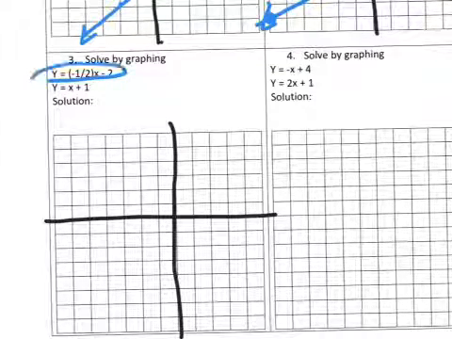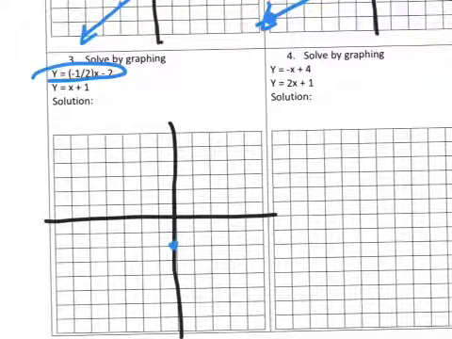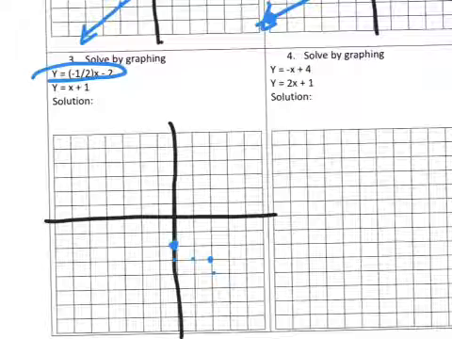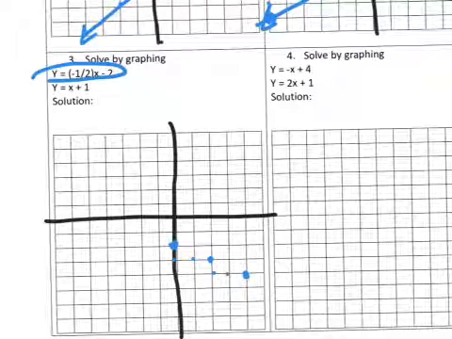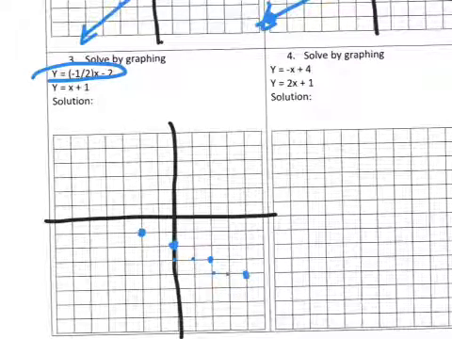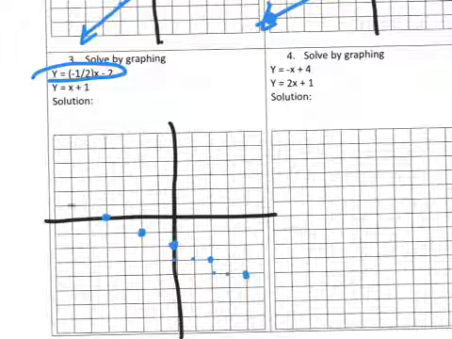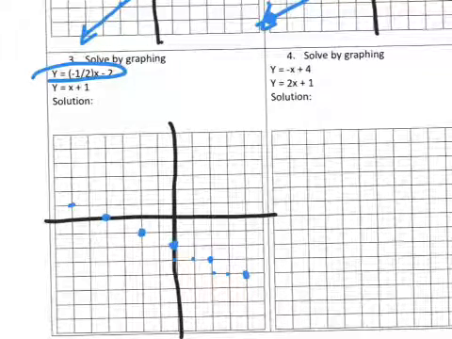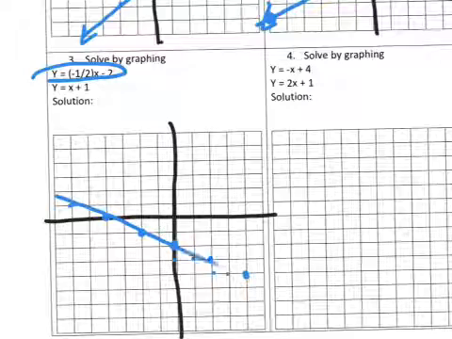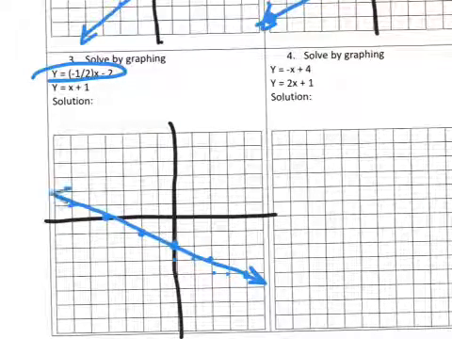So starting at -2, and I have a slope of -1/2, so I'm going down 1, right 2, down 1, right 2, and I'm going to continue that pattern backwards, over 2, up 1, over 2, up 1, so that these points are all in a nice straight line.